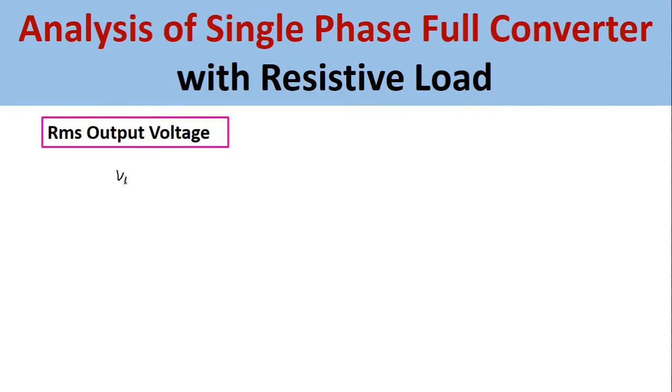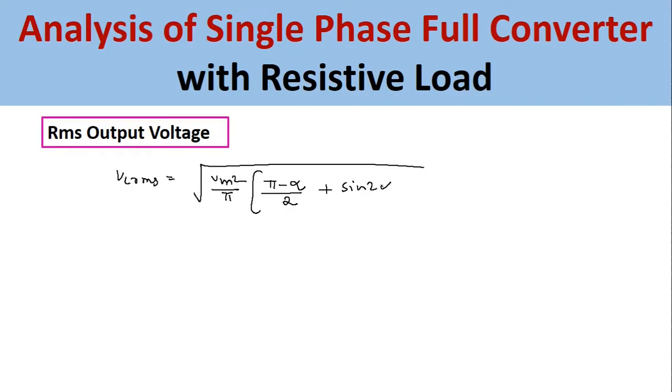So we'll get VLRMS is equal to under root Vm square upon pi into pi minus alpha divided by 2 plus sin 2 alpha divided by 4. Now from this equation we can take out 2 common.